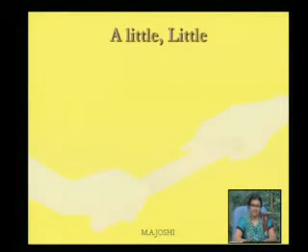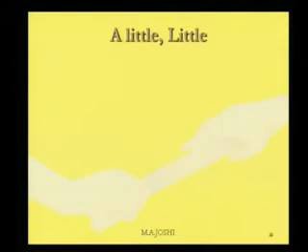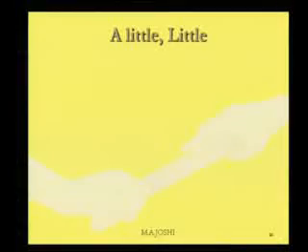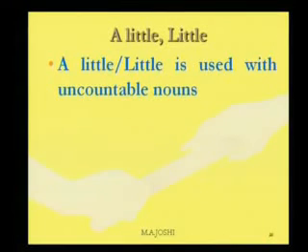A little, little. Now when we say little, it is used with uncountables only. As we say a little, the meaning is there is at least something there, and when we say little, almost nil. For example, a little and little are both used with uncountable nouns only.